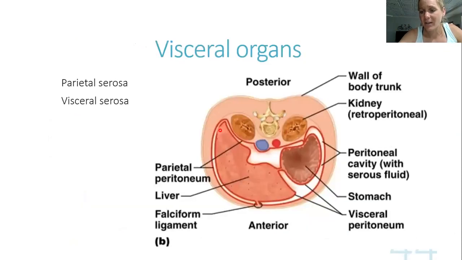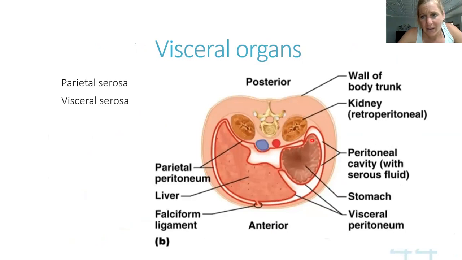Again, like we said, we have the same setup going on within our visceral organs as well. The major difference here is that the parietal layer surrounds everything. You can see the parietal peritoneum is on the very outside here, and it's surrounding everybody. Everybody fits into one bag.